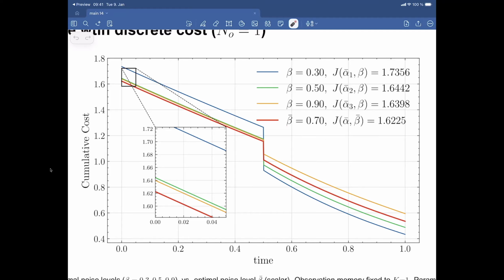So the level of noise is equal to 0.7 we found in our derivations.